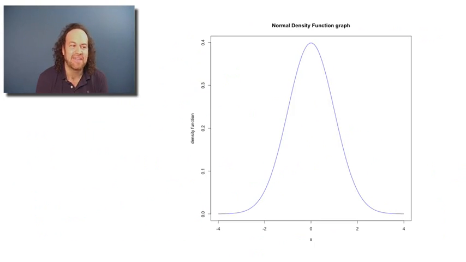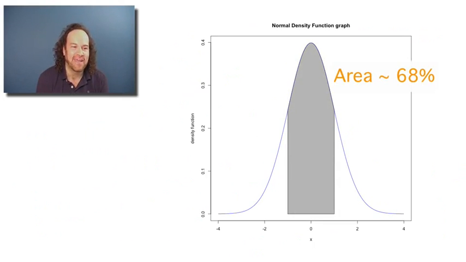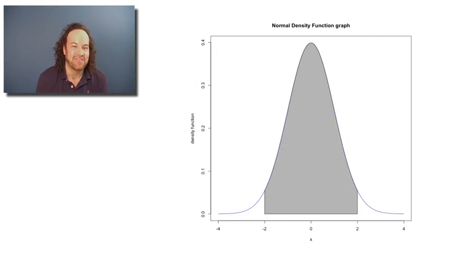So if we go back to that graph of a normal distribution, we can ask what fraction of the area underneath the curve is within one standard deviation, and sure enough, that area is about 68%. The area within 2 standard deviations of the mean is about 95%.